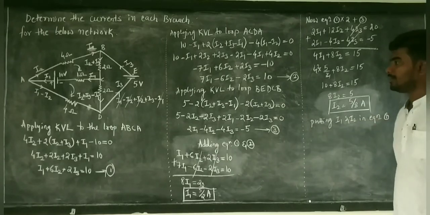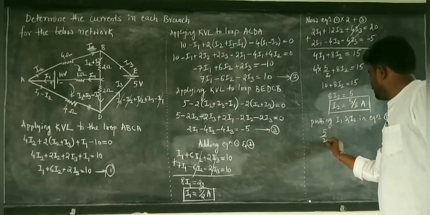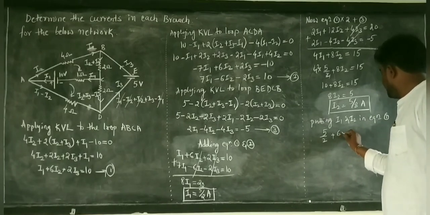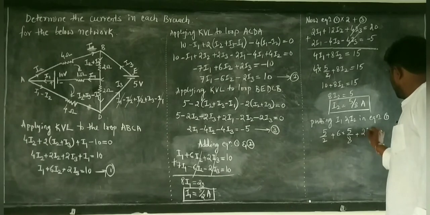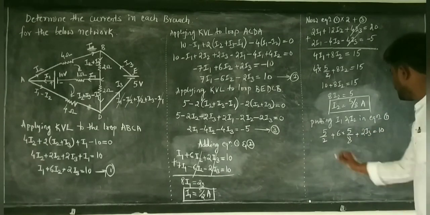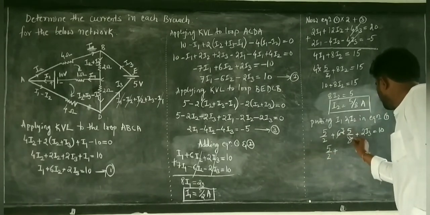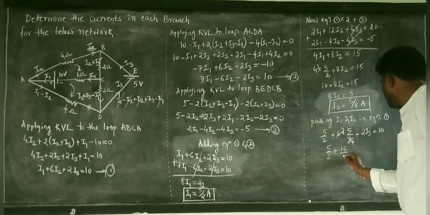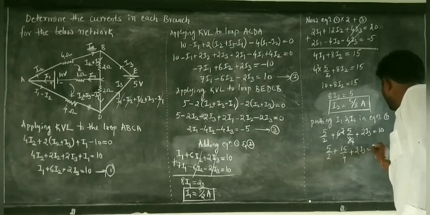Equation 1 is I1, which is how much? 5 by 2, plus 6 times I2, which is how much? 5 divided by 8, plus 2I3 is equal to 10. 5 by 2 plus 2 threes are 6, 2 fours are 8, 15 divided by 4, plus 2I3 is equal to 10.